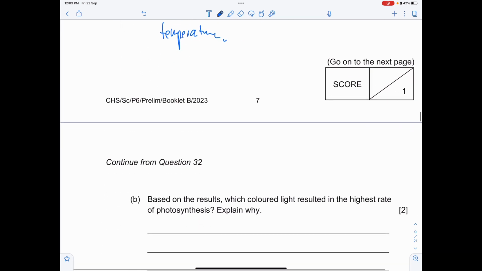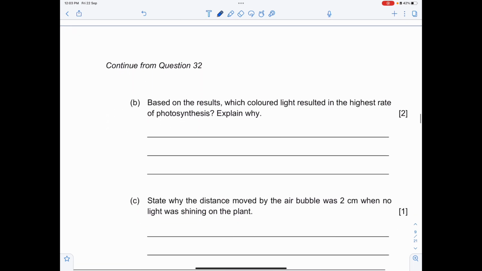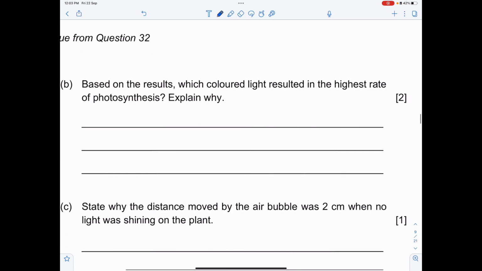Okay, next, based on the results, which colored light resulted in the highest rate of photosynthesis? I've already explained to you. Your answer would be CER. C is the claim. E would be evidence, right? I told you must quote exactly the distance.